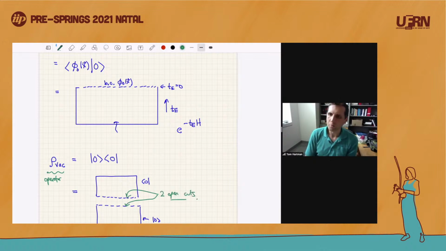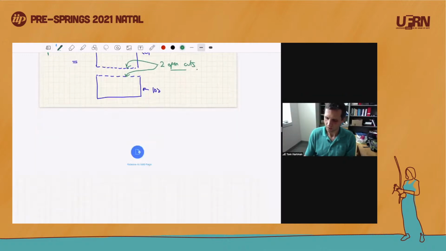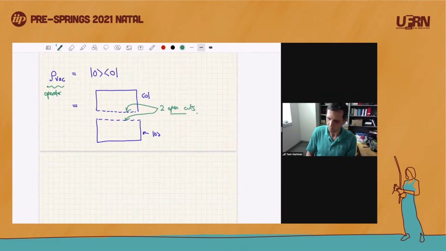So a path integral with an open cut is a linear operator, where you should think of these as like unspecified boundary conditions. And if this is confusing, you should just think about matrix elements.